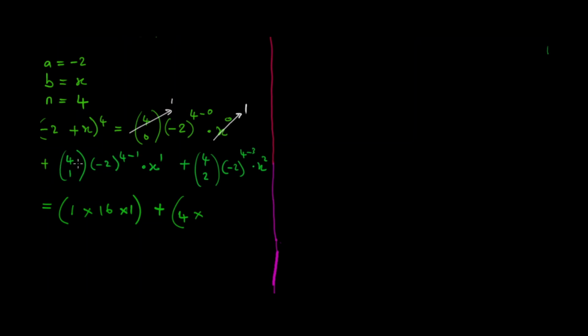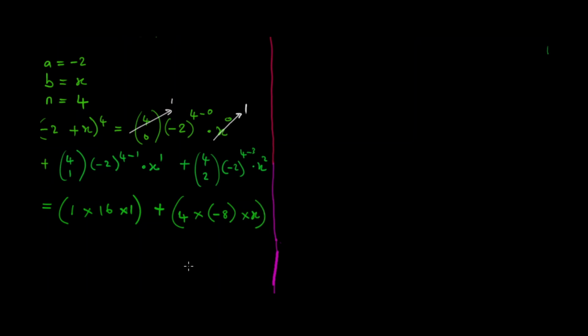So 4 choose 1 we see is 4. Then here we write 4 minus 1. 4 minus 1 is 3. So (-2) to the power 3. And it will be a negative answer. 2 times 2 is 4, 4 times 2 is 8. So it's negative 8 here. But it is times x to the power 1 which is times x, like this.